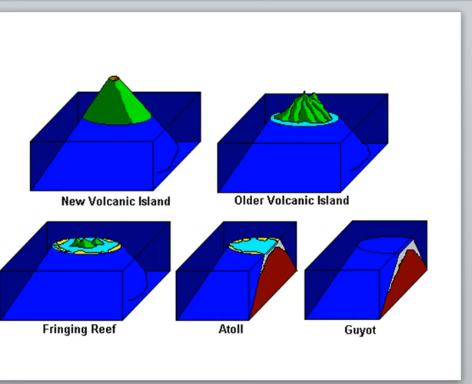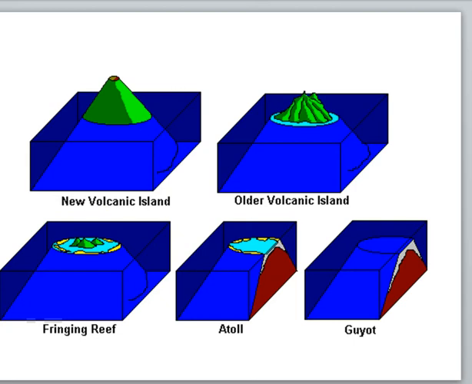Often, when you have an island, the island will form a reef because coral can attach itself at the correct elevation and amount of light around an island, and form a fringe or a reef.